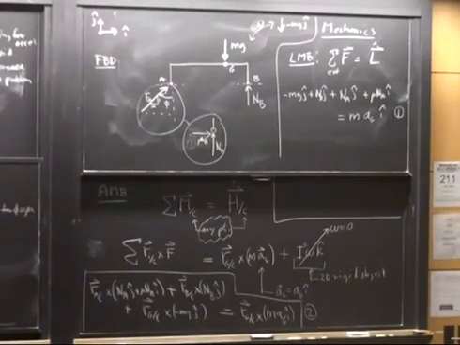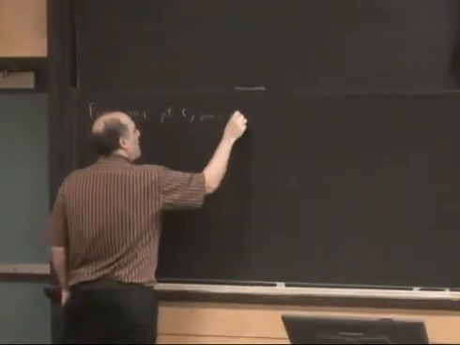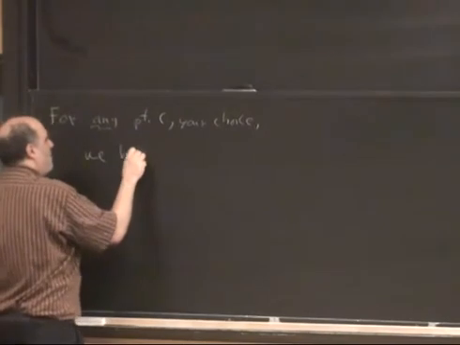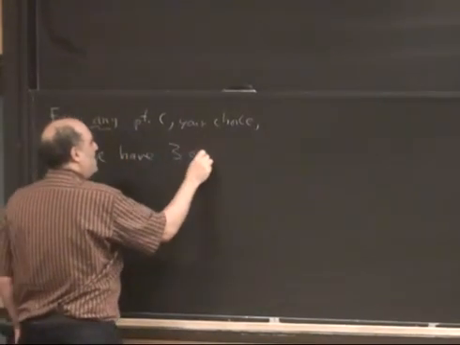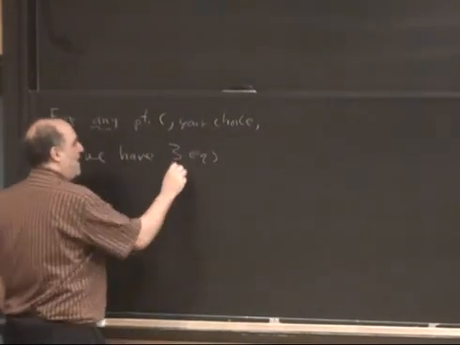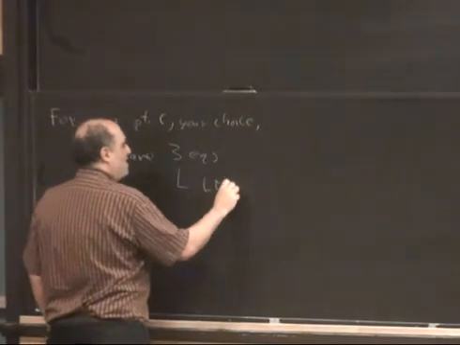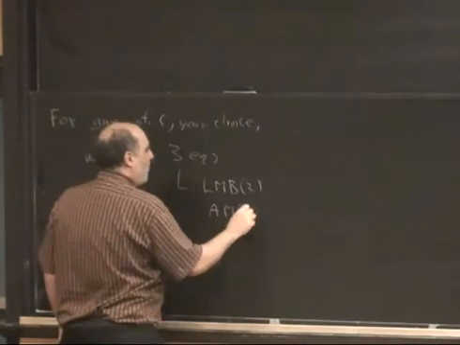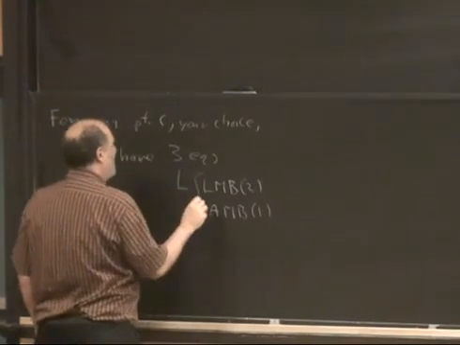Okay. So for any point C, your choice, we have 3 equations. How do we get 3? Linear momentum balance gave 2. Angular momentum balance gives 1, because it's all in the k direction.